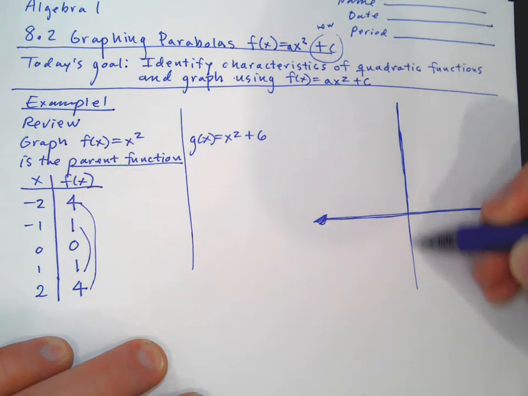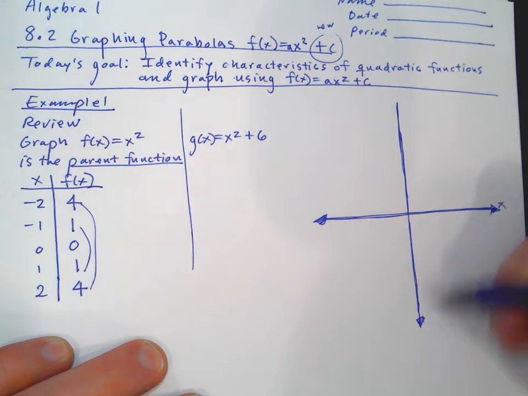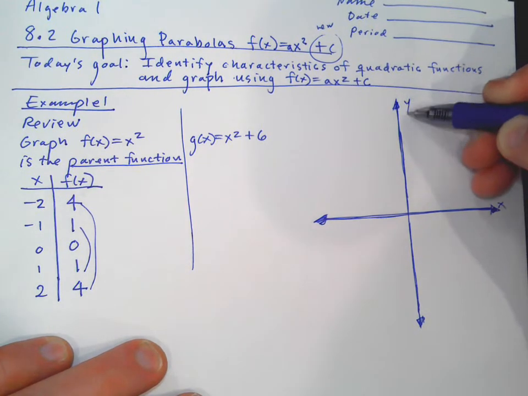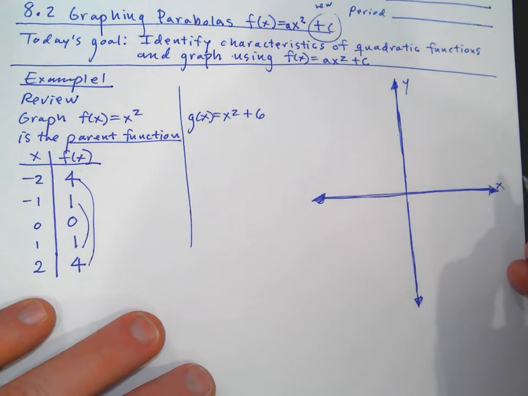Now I'm going to make these my axes. These are called the axes. They should have arrows on the ends. So this is the x and y axes. I'm going to make them a little darker because I'm going to draw my own graph paper essentially.